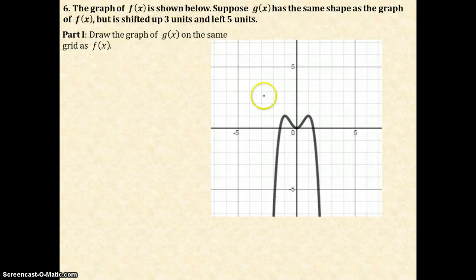So the graph of f of x is shown here. Suppose that g of x has the same shape but is shifted up 3 units and left 5 units. So basically, all I have to do is take each point and move it up 3 and then left 5. So this is going to be sort of the middle.